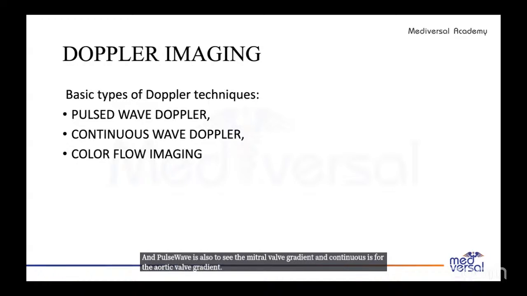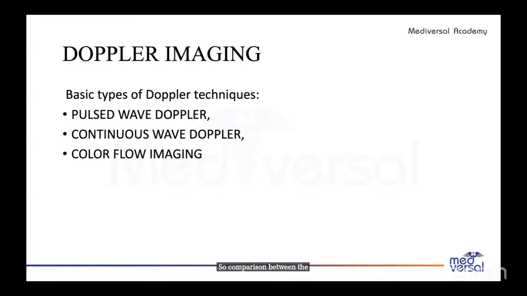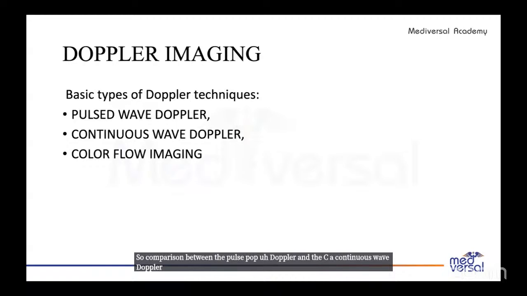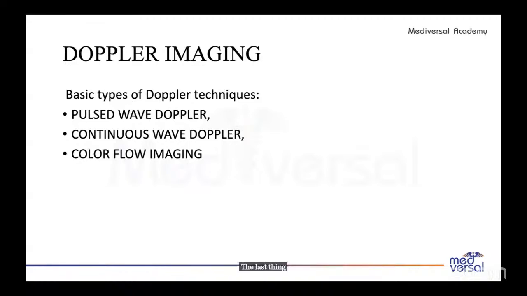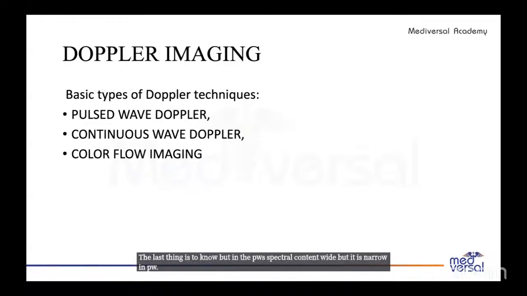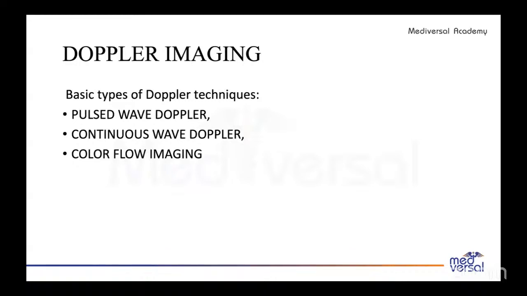Comparing pulse wave and continuous wave Doppler: the sample volume is large in continuous wave and small in pulse wave. Detection of high velocity: yes for CW, no for PW. Aliasing is no for CW, but yes in PW. Spectral content is wide in CW, but narrow in PW. This we did before also in the last class.